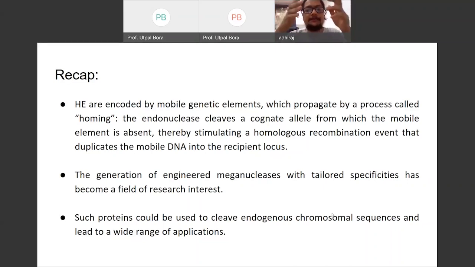Every time we are trying to predict something, it will be multiplied, 1/4 into 1/4 like that, so 1/4 to the power n, where n is the sequence length. Suppose we are trying to find GAATTC, which is of 6 nucleotide length. That will be 1/4 to the power 6 probability of finding it.